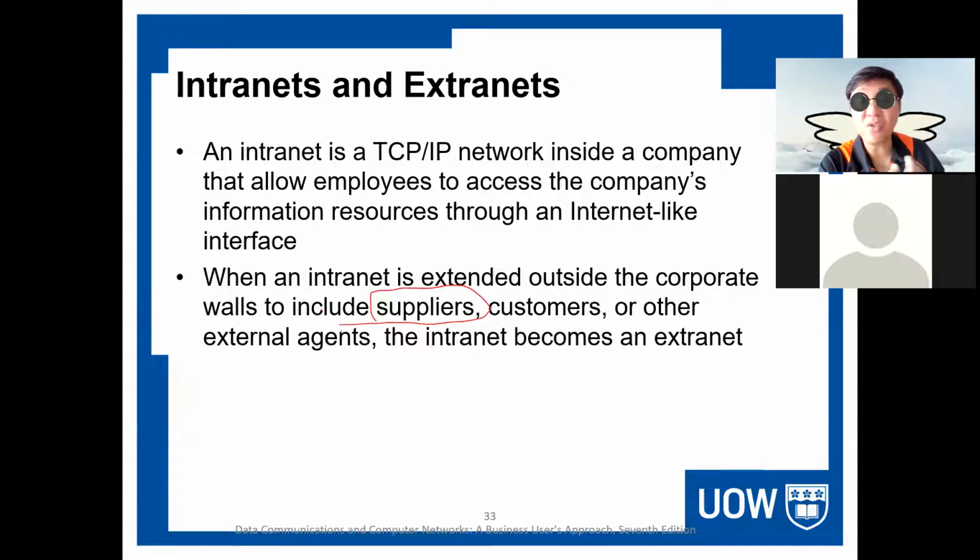Or we can have an internal ERP system, enterprise resource planning system, where we have a network set up with the supplier. So the moment we issue an invoice, you will be alerted, right? The moment you deliver a certain product, you will receive the delivery order, for example, right?